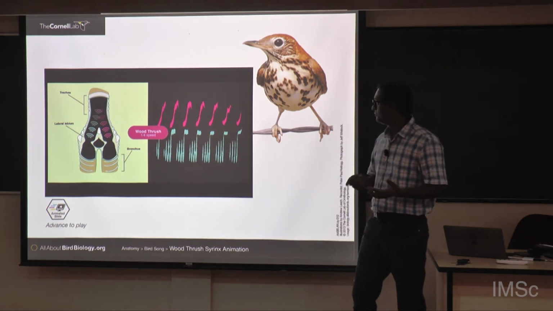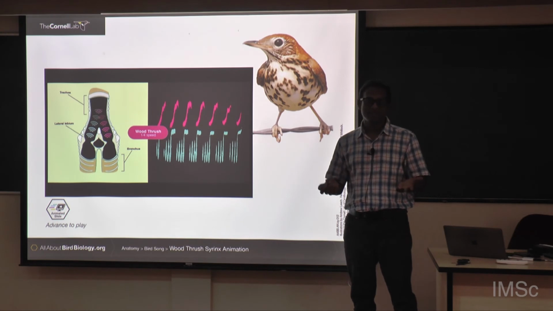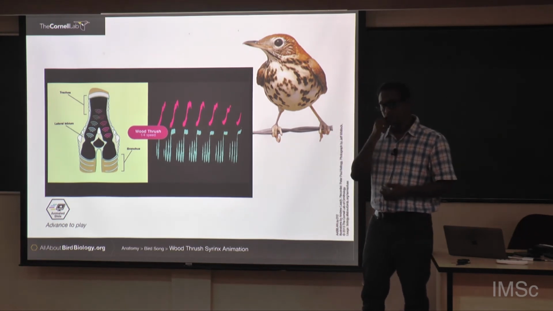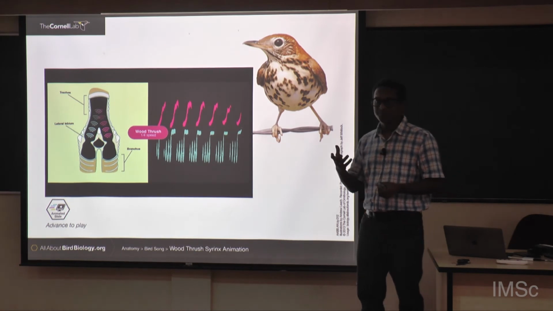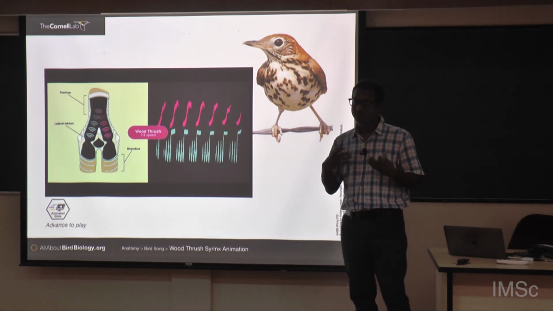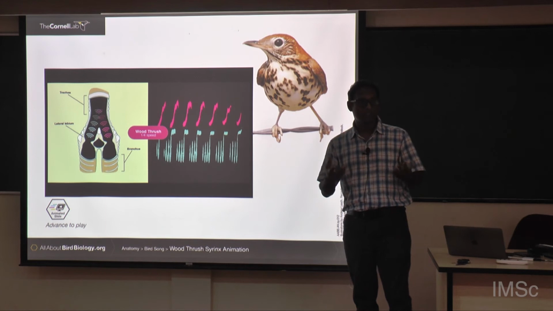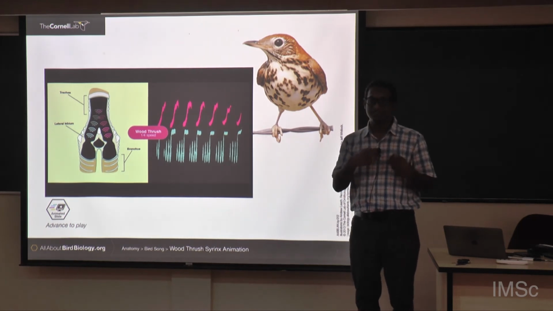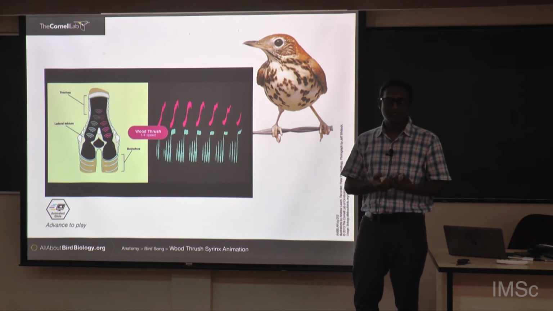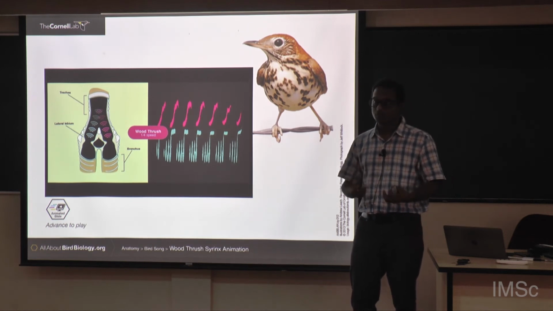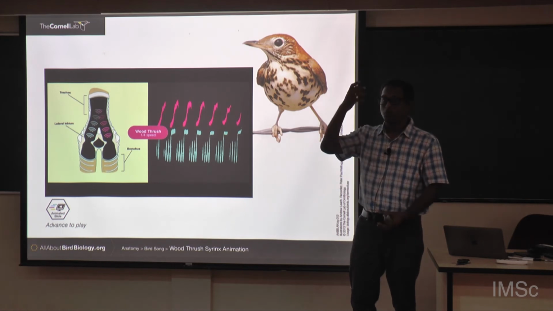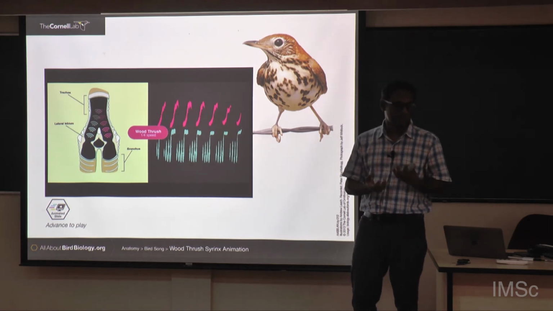There are a lot of ideas about why this may be. Song is used as a signal for sexual selection. Females select individuals that have more complex songs. One way to increase song complexity is by having a lot of frequency shifts.